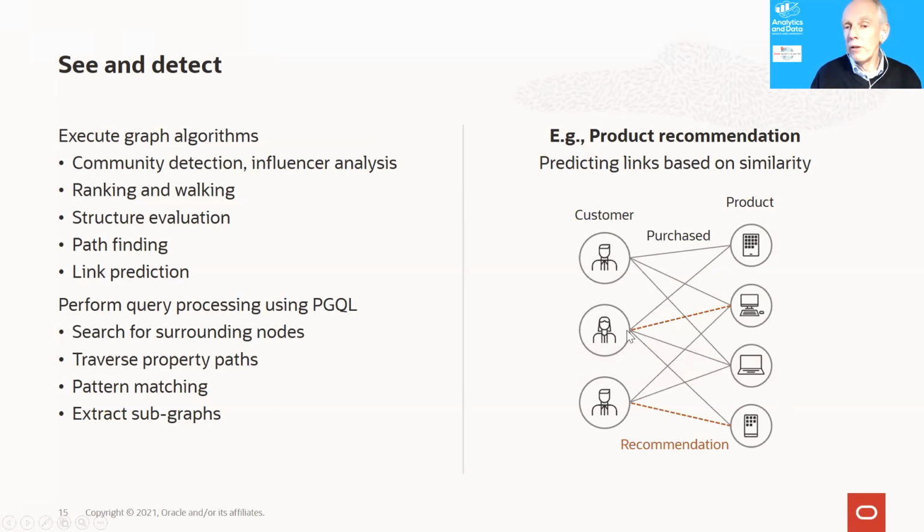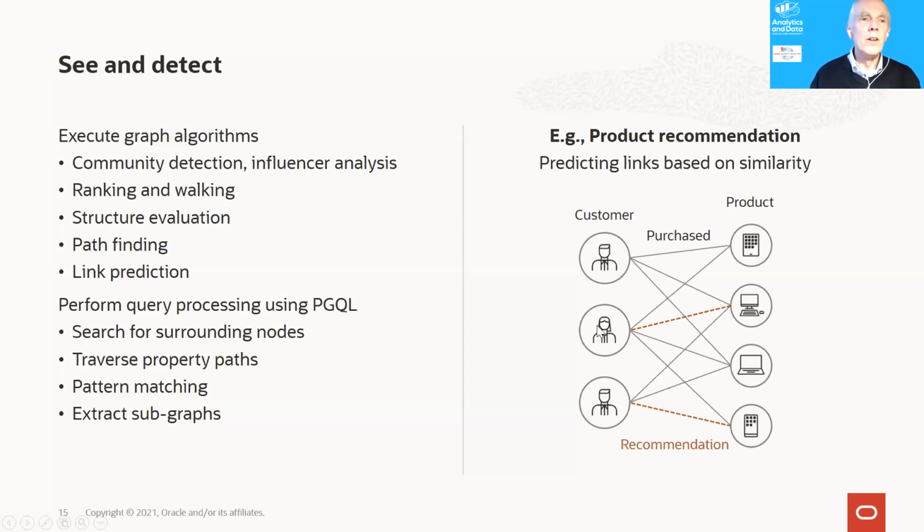And then you can already see, right, this lady here in the middle has a similar behavioral pattern to the two gentlemen to the left and to the right. And from that, you can actually predict with a certain probability that she will also be interested in purchasing a product which the other two already have, right?